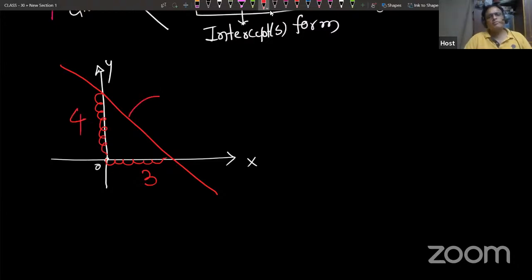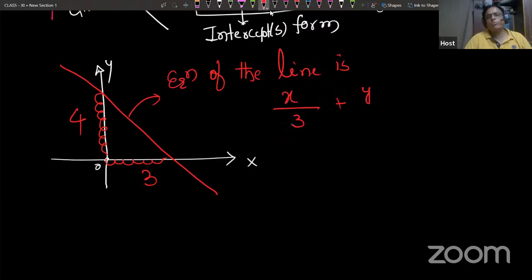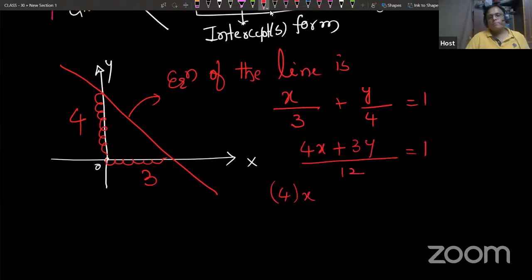Easily you can write the equation of the line is x by x-intercept plus y by y-intercept is equal to 1. So LCM is 12, 4x plus 3y is equal to 12, or on this side you can write 4x plus 3y minus 12 equals 0.